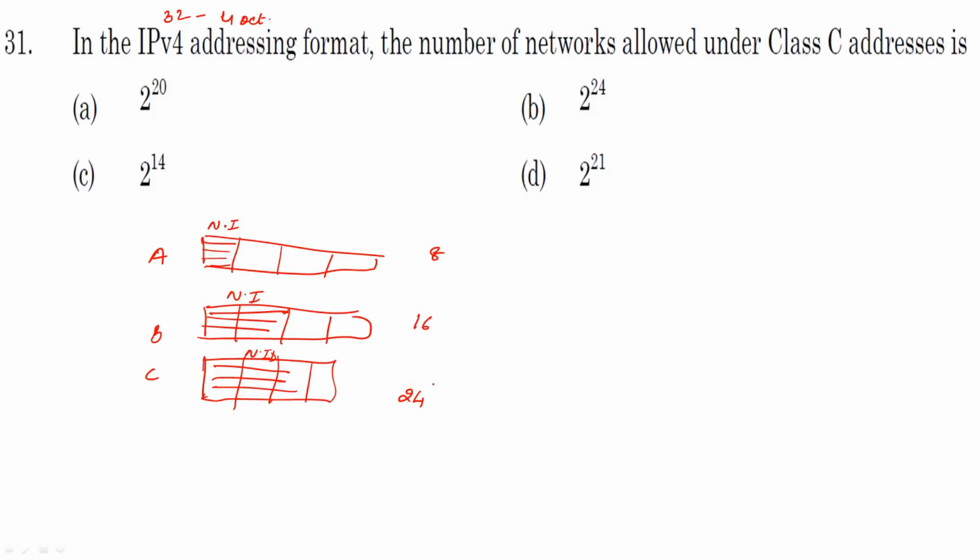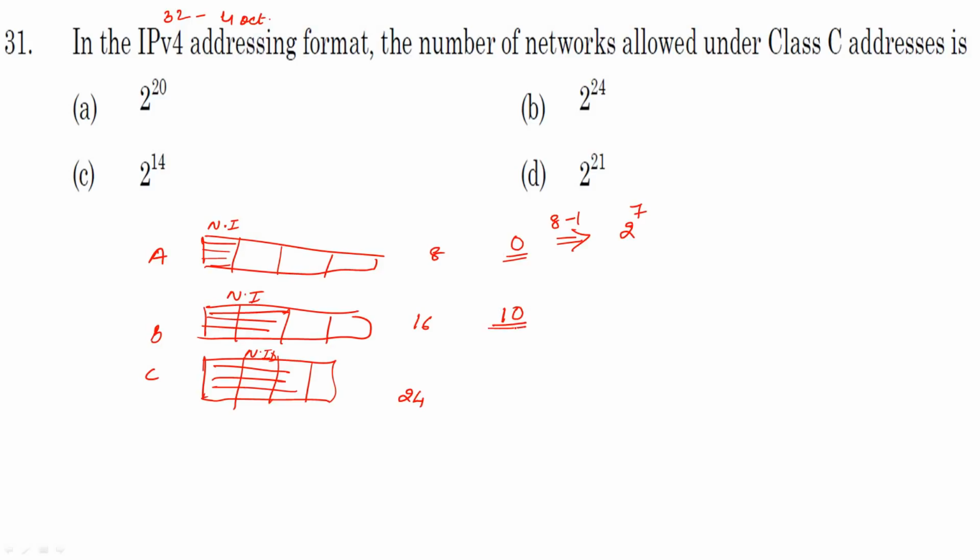But for class A, the first bit is always fixed. So for the number of networks allowed, we subtract the first bit, that is 8 minus 1, 2 to the power 7. For class B, the first 2 bits are always fixed, that is 1 and 0.